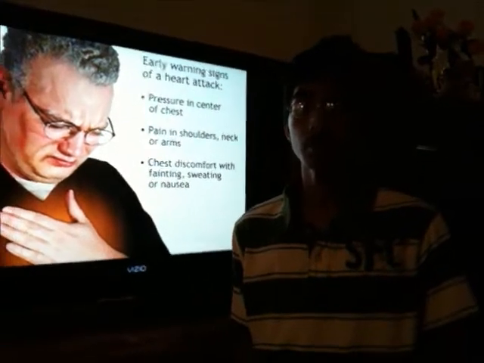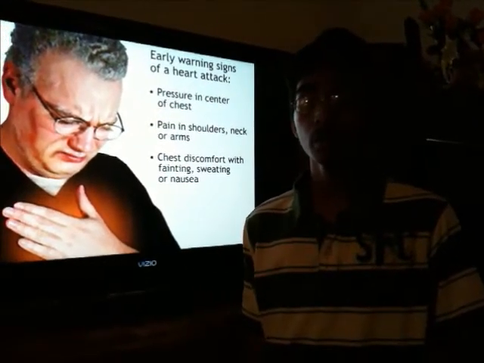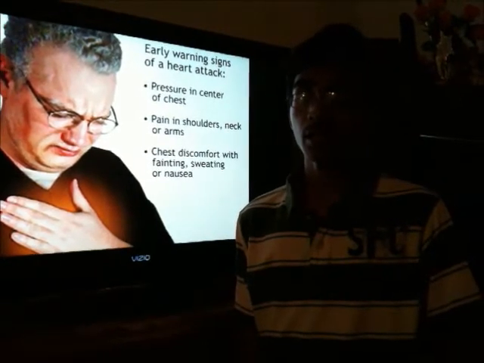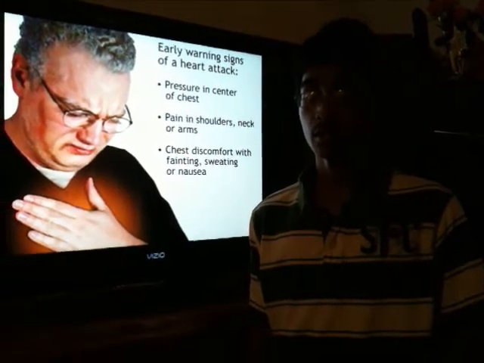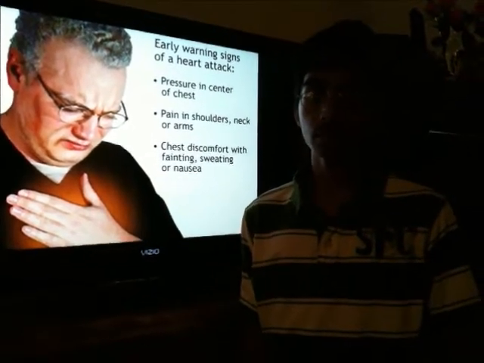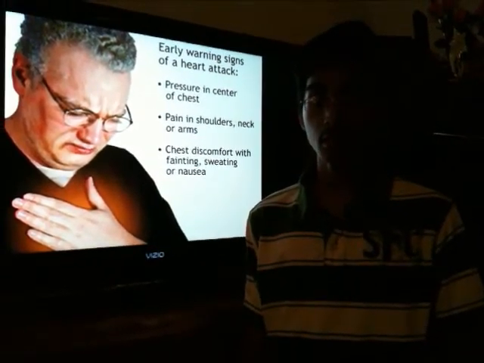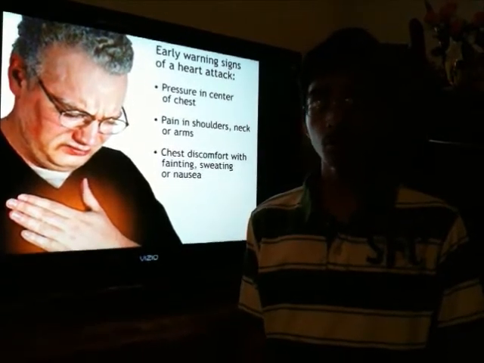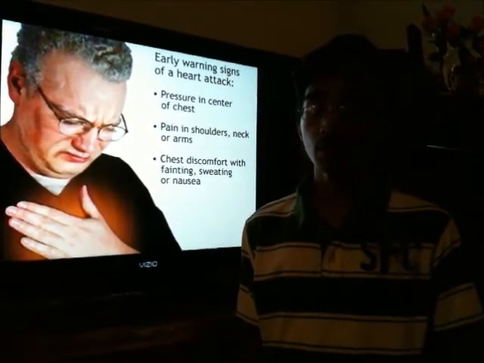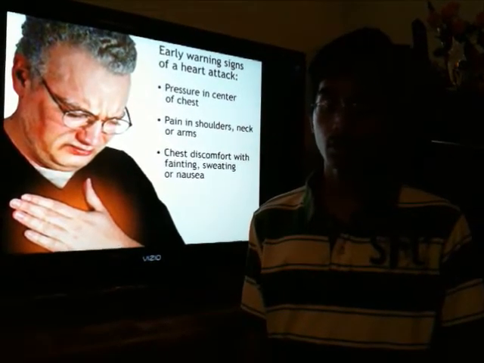The most common symptom of coronary artery disease is chest pain, or angina. Angina can be described as a discomfort, heaviness, pressure, aching, burning, fullness, squeezing, or painful feeling in your chest. It can be mistaken for heartburn.